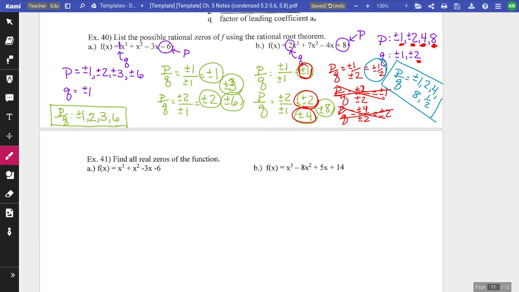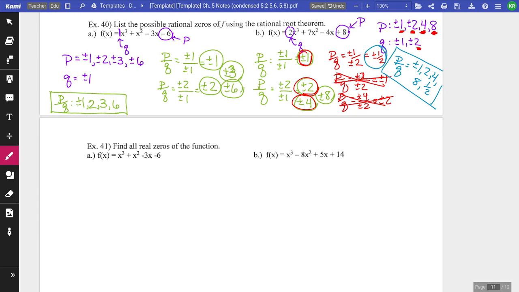What those are is your possibilities. Those are the numbers where we will find rational solutions. So let's try this out. For number 41, find all real zeros of the function.